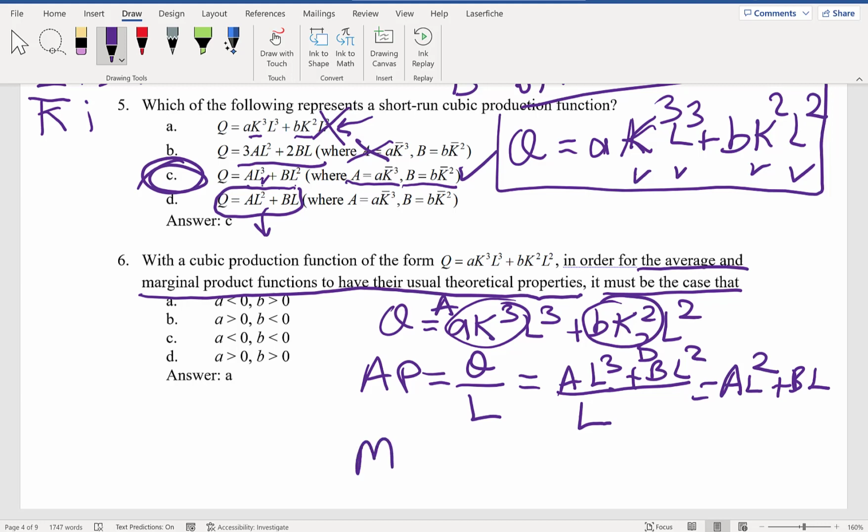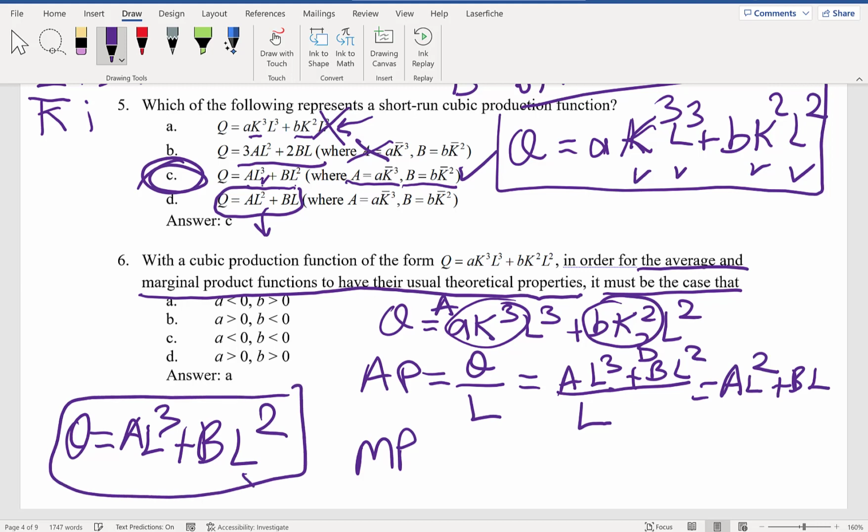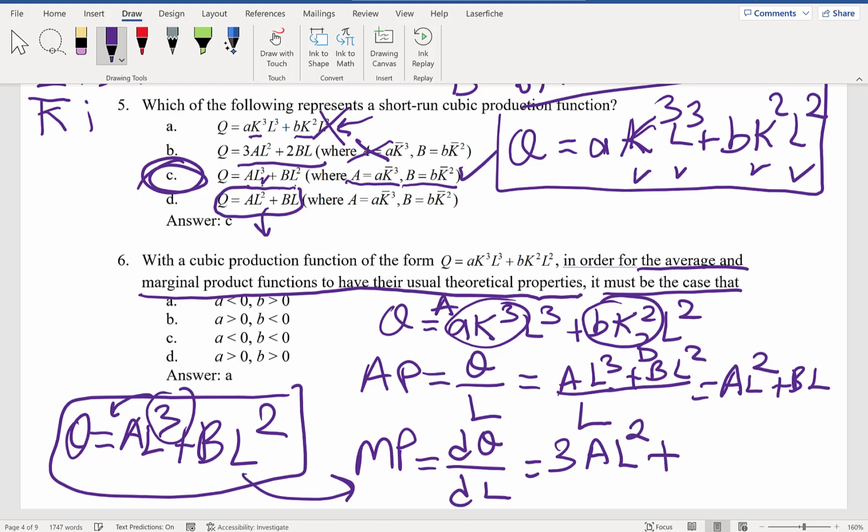Okay, what's marginal product? I'm going to rewrite the cubic short-run production function. Marginal product is the first derivative of quantity with respect to labor. So the third power goes up front: 3A, L, lower the power from 3 to 2, plus 2, this 2 comes up front.